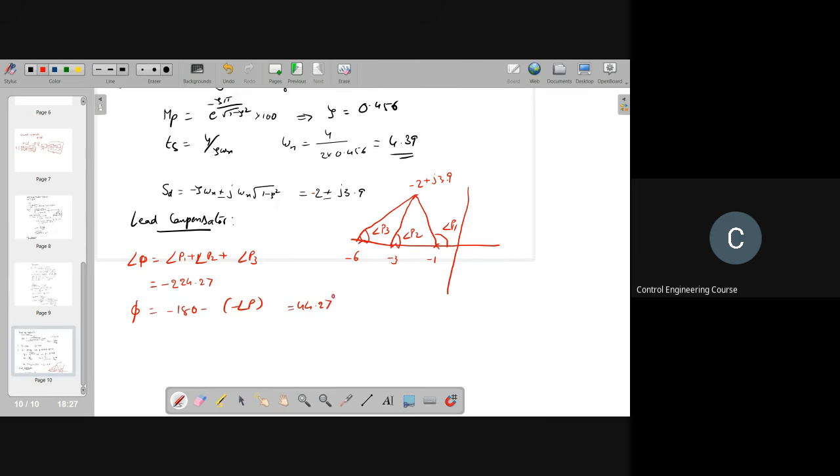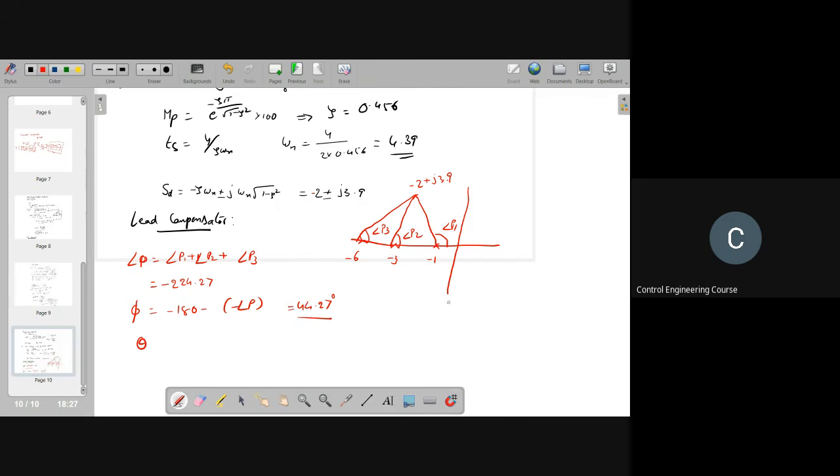Since this is less than 60 degrees, that means a single lead compensator is enough. Otherwise, we have to design a double or triple compensator based on the angle deficiency. Now for this phi, the first thing is theta.